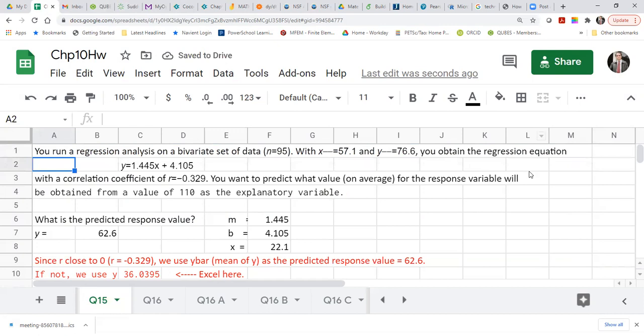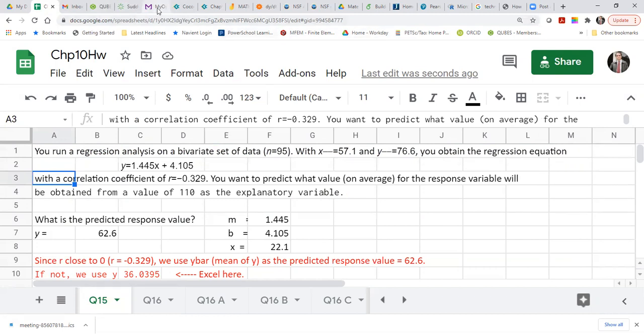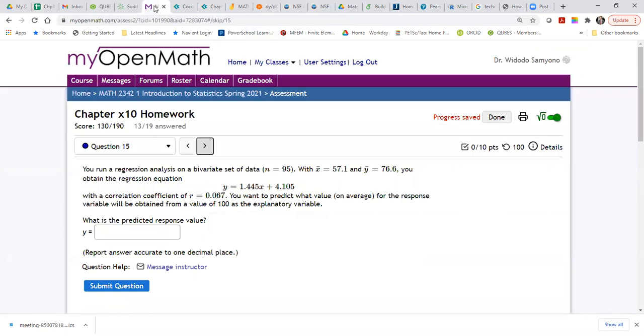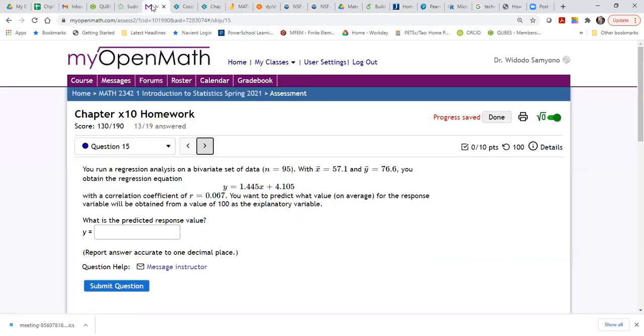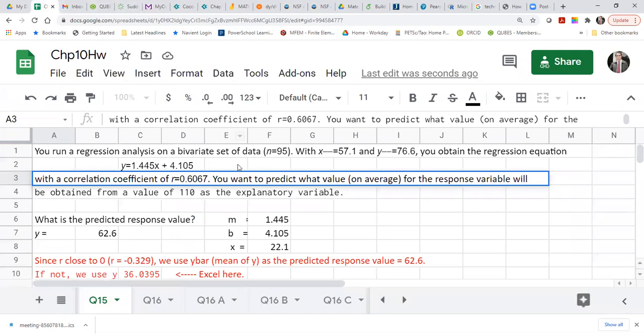Okay, so in this case, what do you have here for r? 0.067.